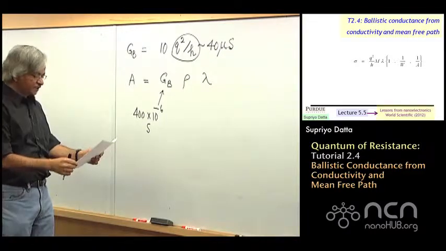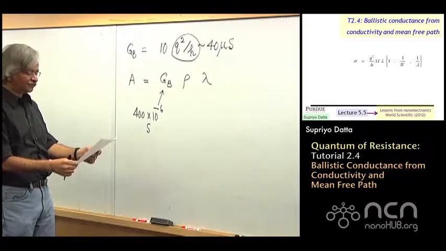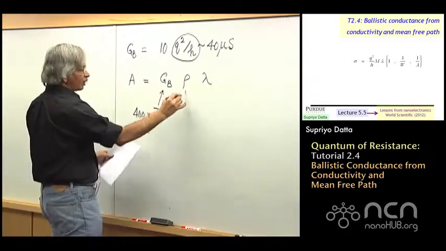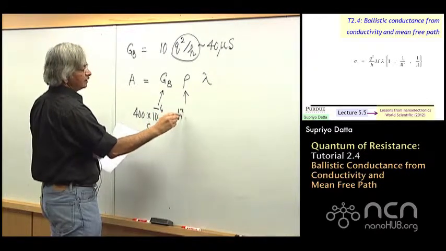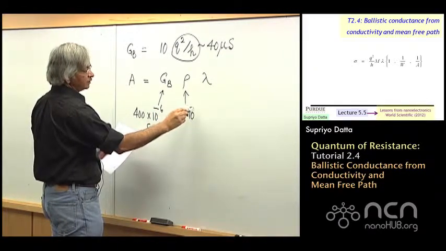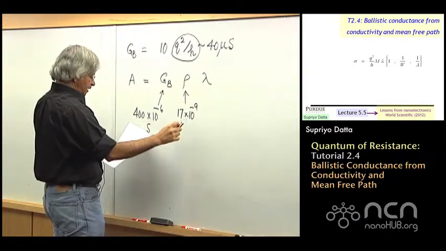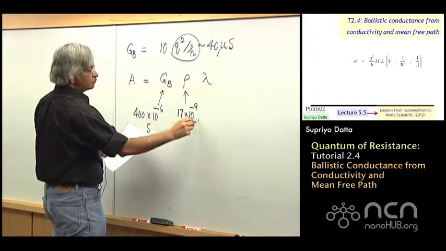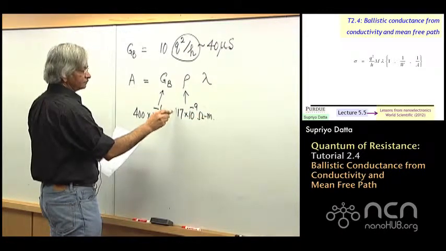Now as far as resistivity, we have two values. One is for copper, and the value I asked you to use is 17 nano-ohm meters. Nano means 10 to the power minus 9, and then it's ohms, meters. So that's the copper number.